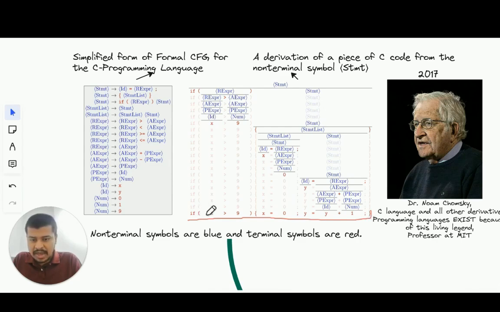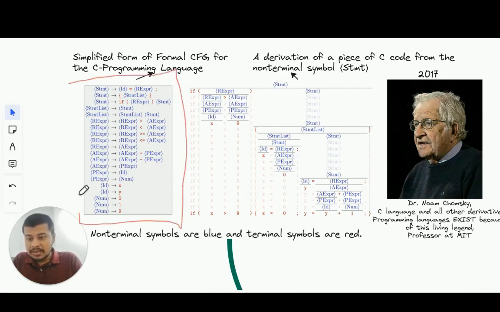So if x is greater than 9, x is equal to 0, y is equal to y plus 1. This is the statement. Now this statement is parsed by the parser program string by string, like character by character, iteratively, right? And while going through each of these characters, it gives out a tag for each and every character, like how you're seeing here. So all of these tags and the rules for these tags are made by these context-free grammar rules.